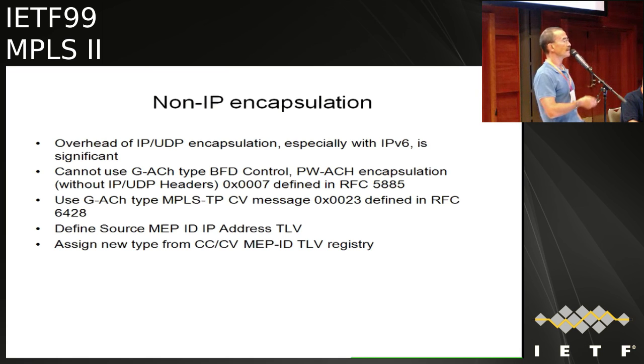So the proposal here is to use G-ACh encapsulation with a CV channel, possibly reusing an existing channel, and then use a new source MAP ID IP address TLV.